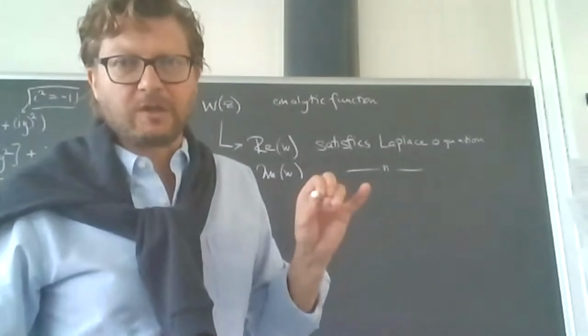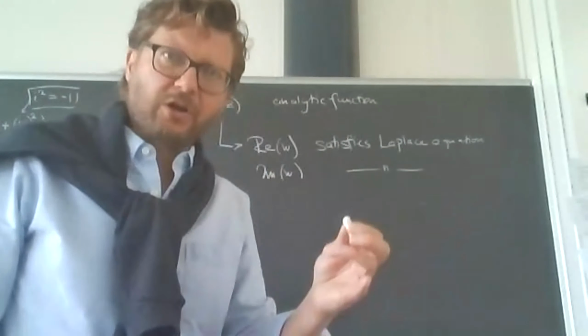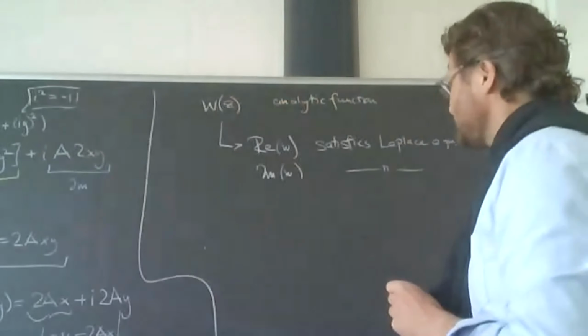Now, I need to tell you, what does it mean? What is an analytic function? There is a longer explanation and a shorter explanation, and I just use the shorter one.